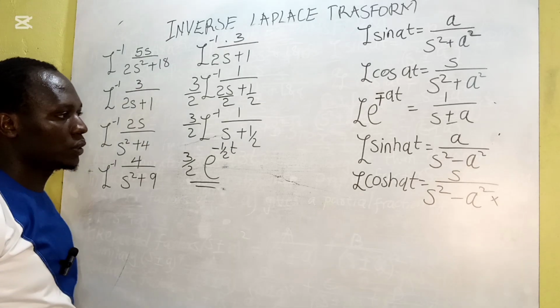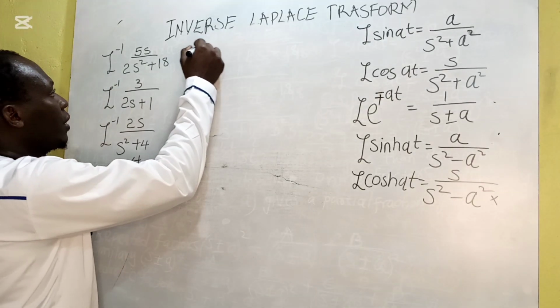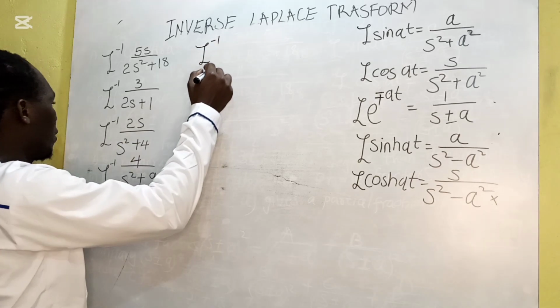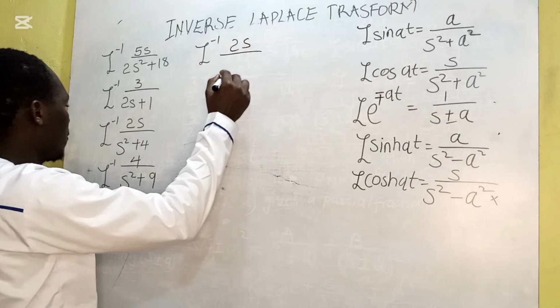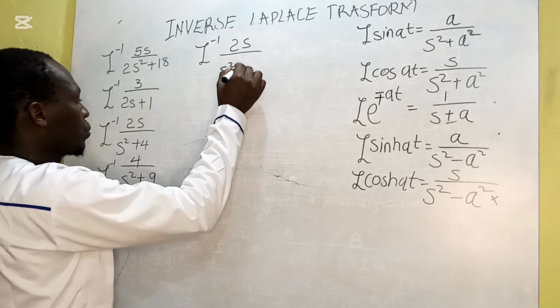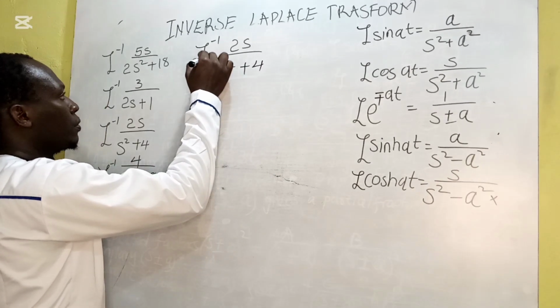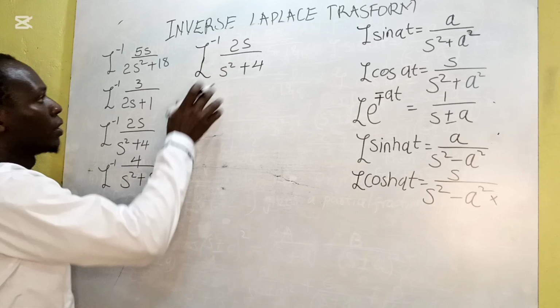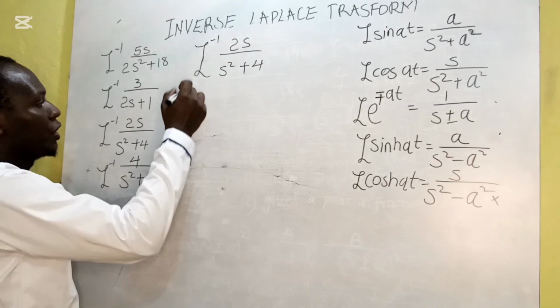Let us now get into our example 3. Now we are going to find the inverse Laplace transform of 2s all over s squared we add to 4. The first thing that we said, we start with the numerator.